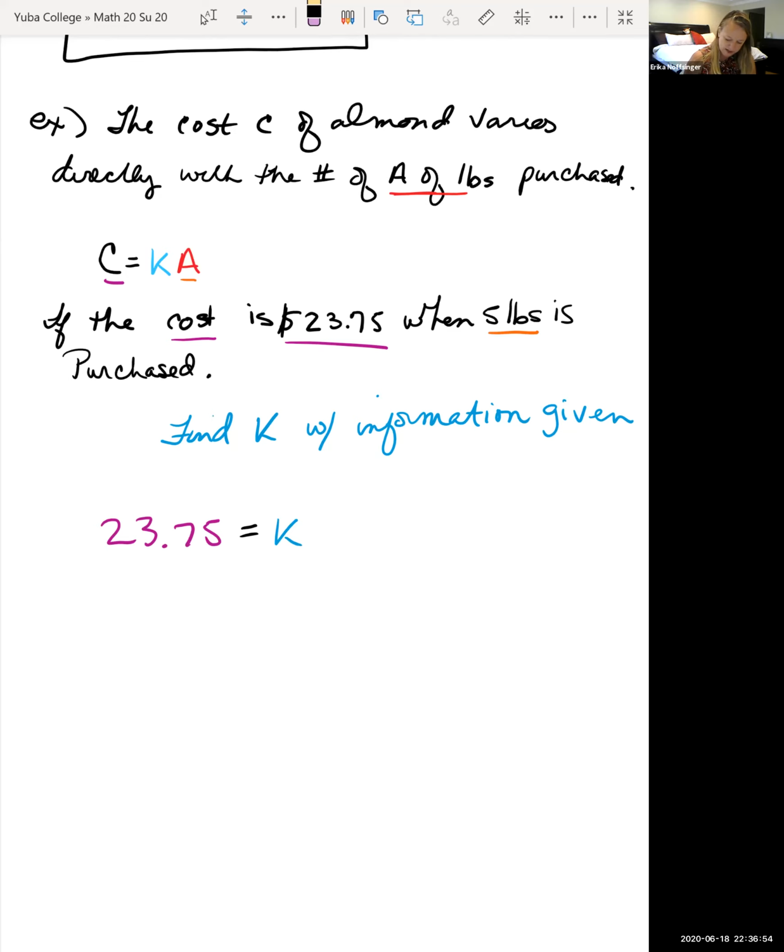So I notice I can get K by itself by dividing both sides by 5. So if I take $23.75 and divide that by 5, we get back $4.75. And so we basically now have the cost of any roasted almond. And it is C is equal to 4.75 A.